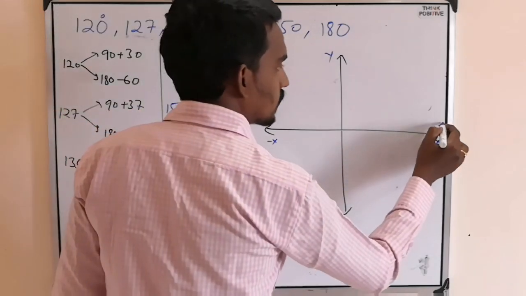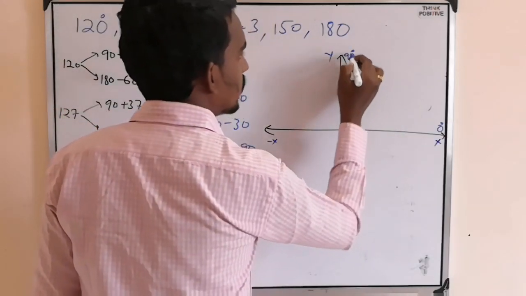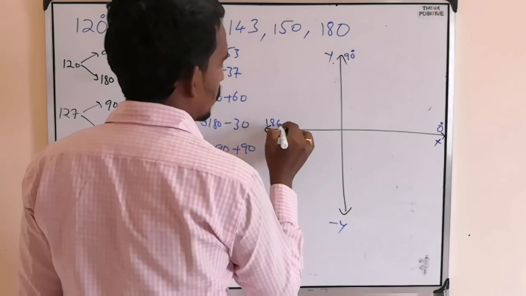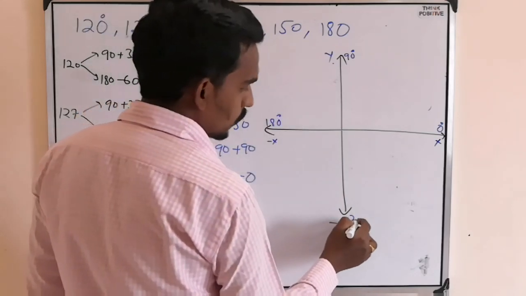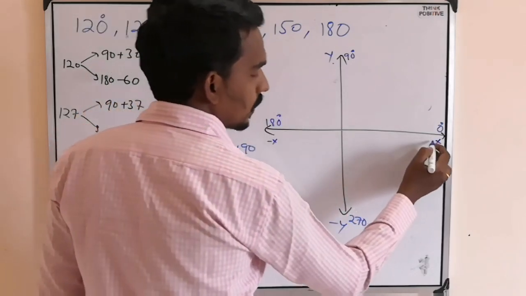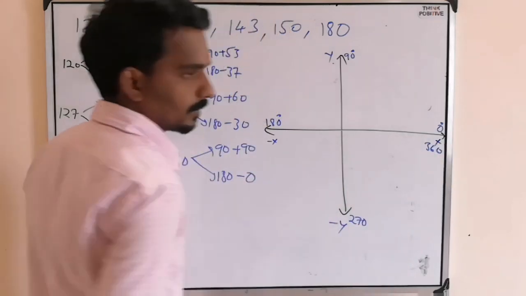So the angles are like 0 to 90, 90 to 180, 180 to 270, 270 to 360.